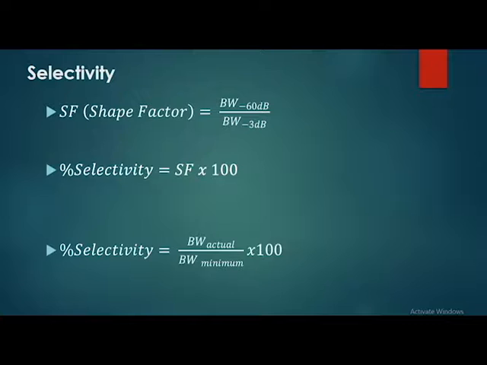Percent selectivity can also be used by using SF times 100, or using the other formula, selectivity equals bandwidth actual divided by bandwidth minimum multiplied by 100.